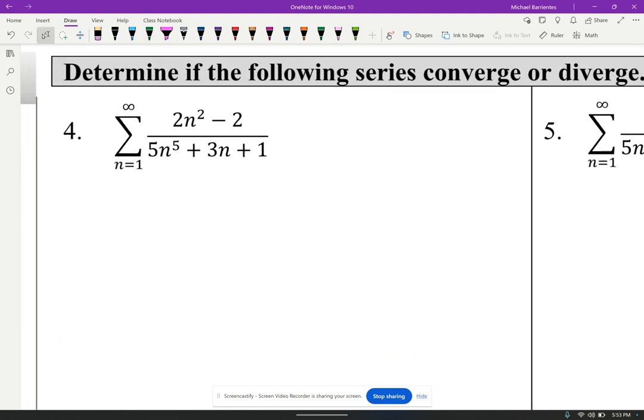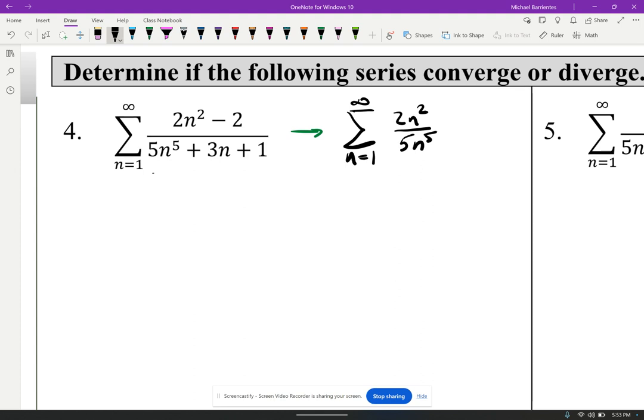Now, number 4 looks really complicated, right? And so what we're going to do is find a buddy series for this. And again, we're going to peel away everything except maybe the initial terms. So the leading term on top and the leading term on the bottom of the fraction here.